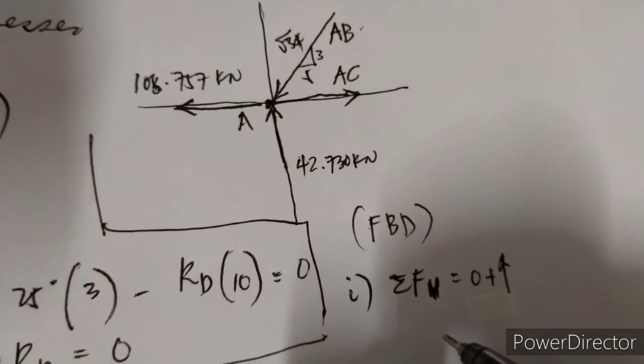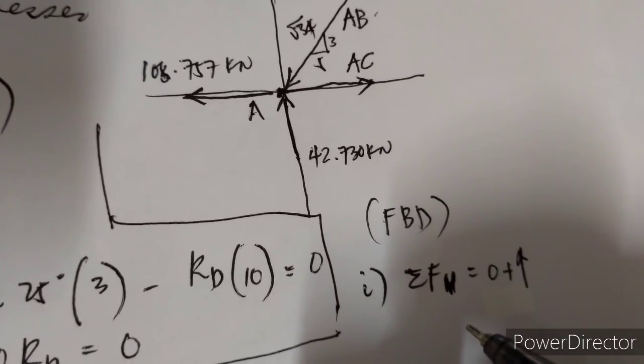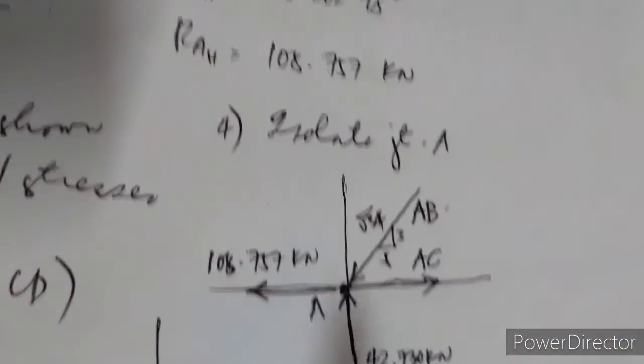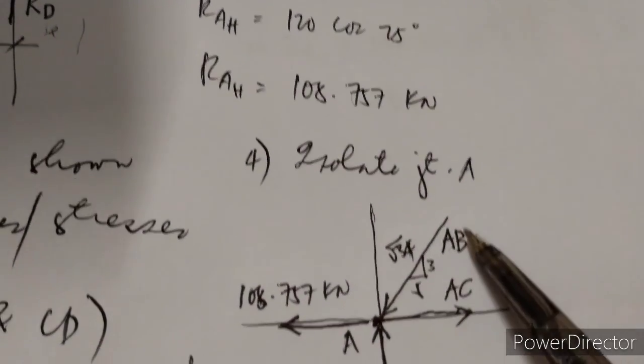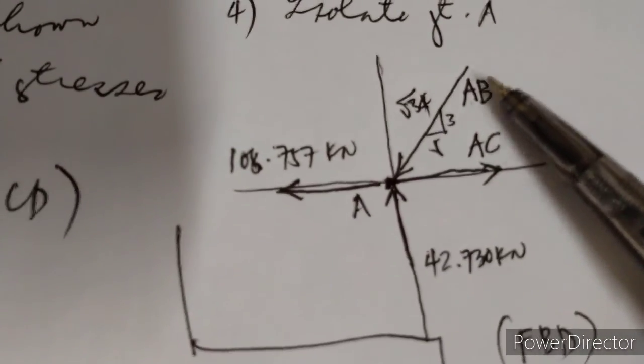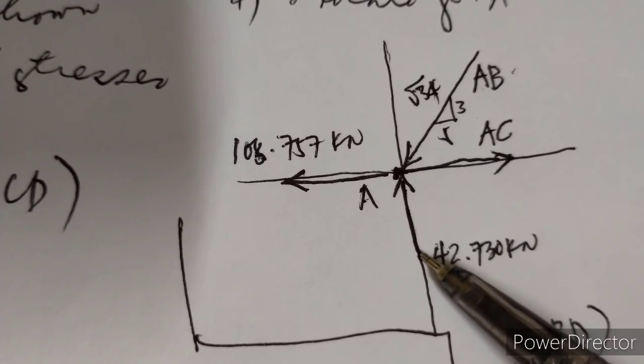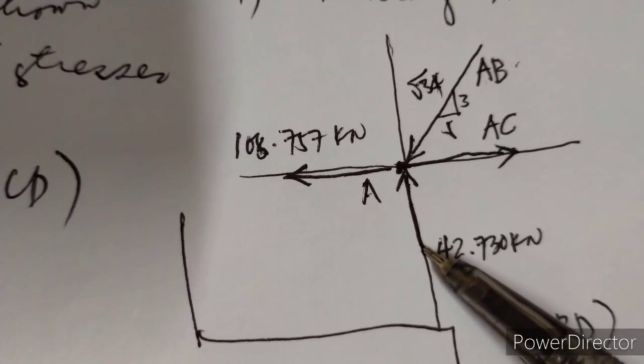If you use this equation, we just consider the vertical component of AB and the vertical force that is going up.